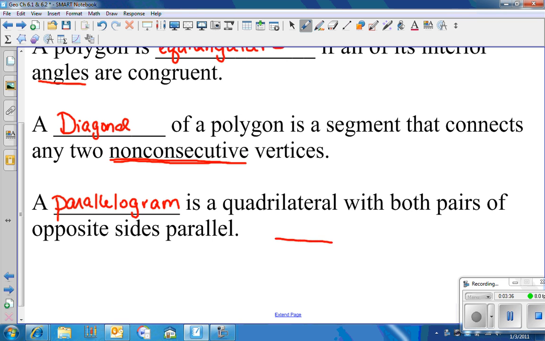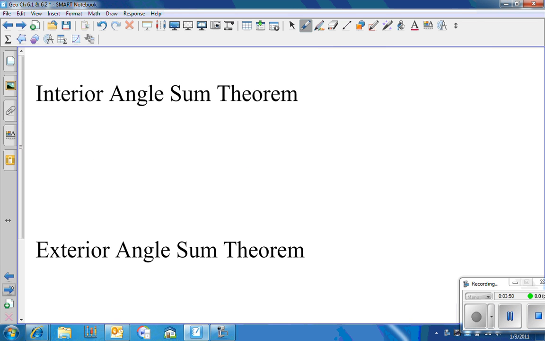So, for example, like a rectangle. These sides are parallel with each other. And these sides are parallel with each other. So the opposite sides are parallel. So there's a parallelogram.